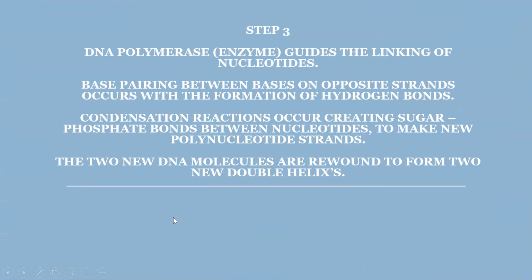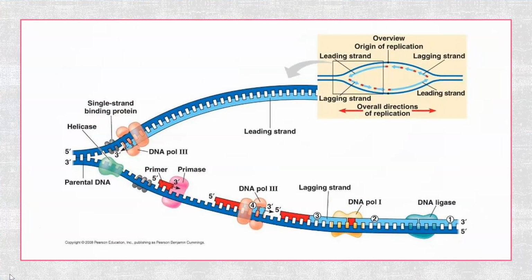Okay, so DNA polymerase guides the linking of the nucleotides. So if we go back and have a look at that picture, we've got several different polymerases, okay, but they are linking the base pairs.